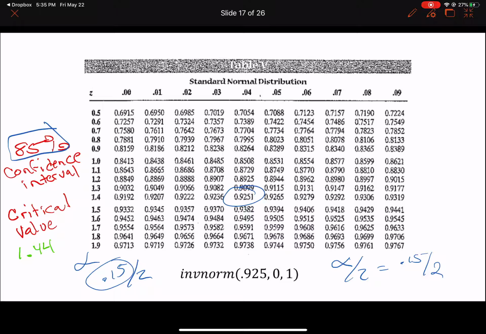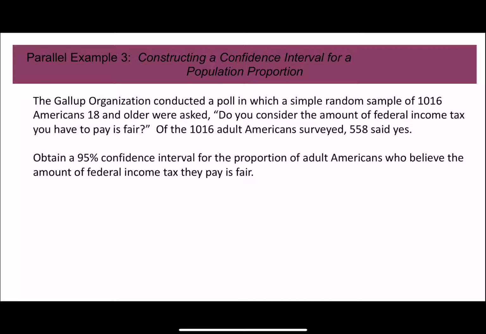All right, let's move on. I want you to do this example yourself. This is the same thing we just did with the death penalty. So try this problem, find your confidence interval. The Gallup organization conducted a poll in which a simple random sample of 1,016 Americans 18 and older were asked, do you consider the amount of federal income tax you have to pay as fair?